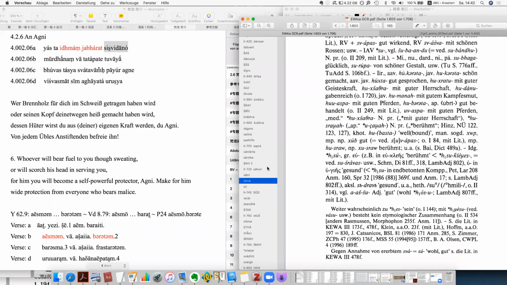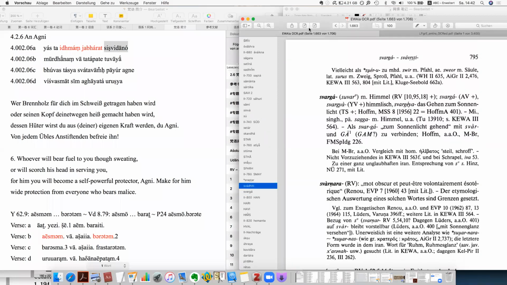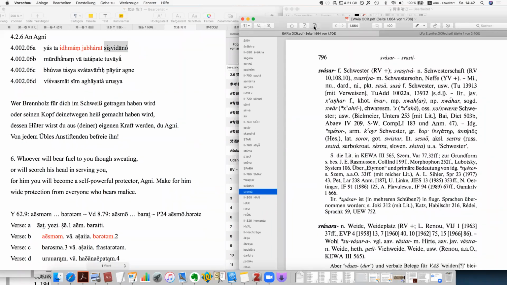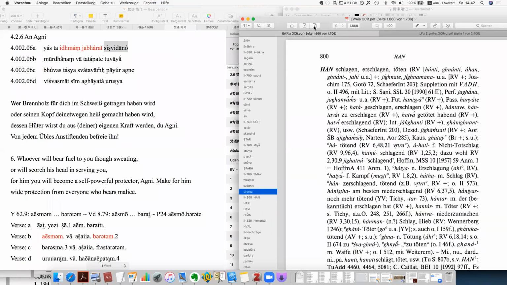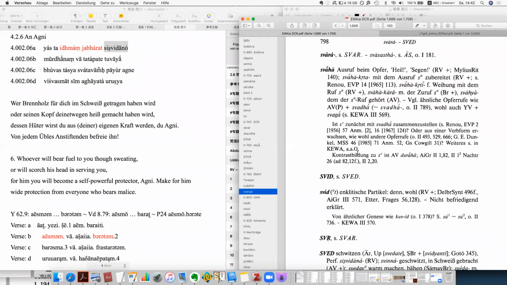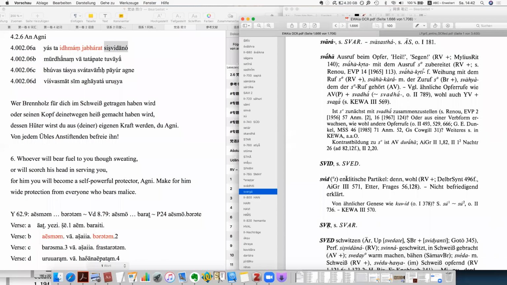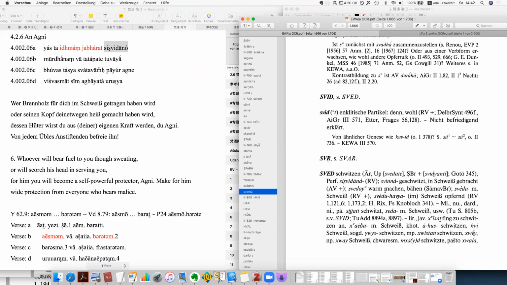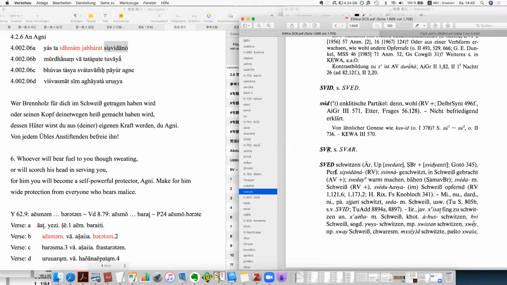Then let's check the etymology. So schwit, wait a minute. You see, it's perfect, called shishvidana, schwitzen.